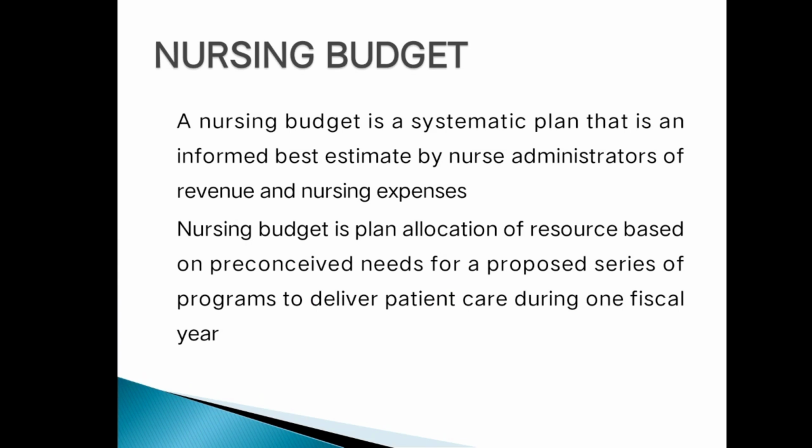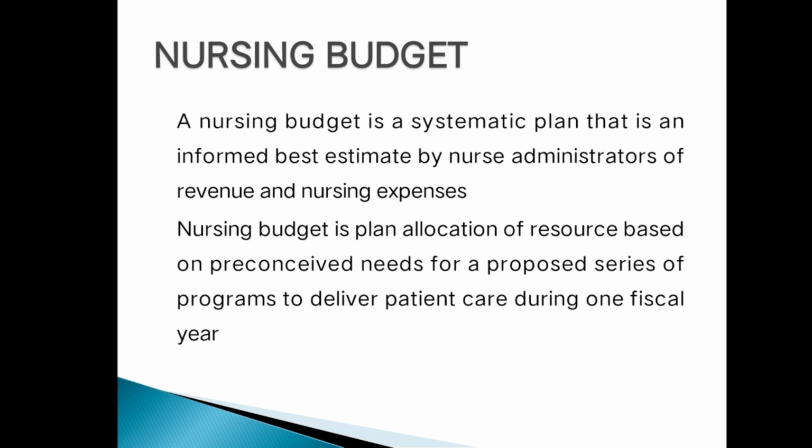We will be planning for the revenues and for the salaries and wages and nursing expenses, and we will also place a demand for the recruitment of nursing staff. If we are going to recruit new nursing staff, then how much amount has to be spent on that particular person for their induction training, orientation training, or in-service training.